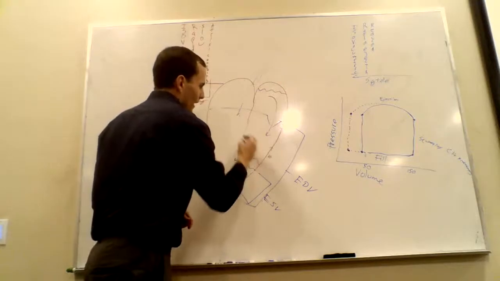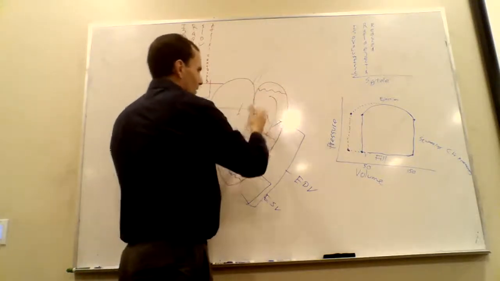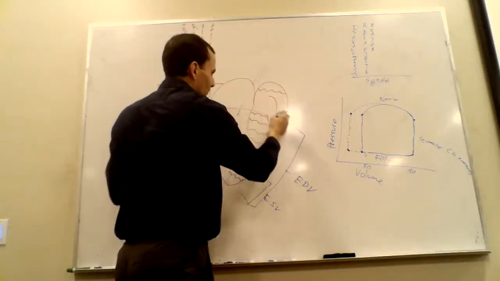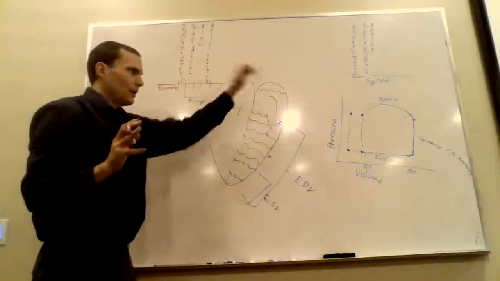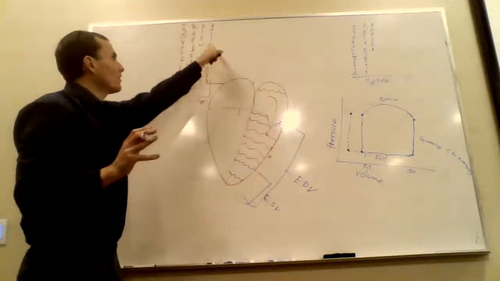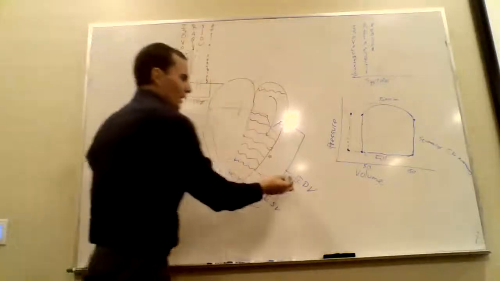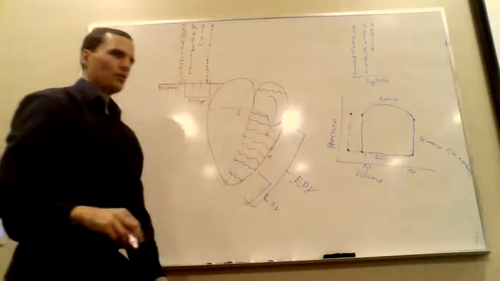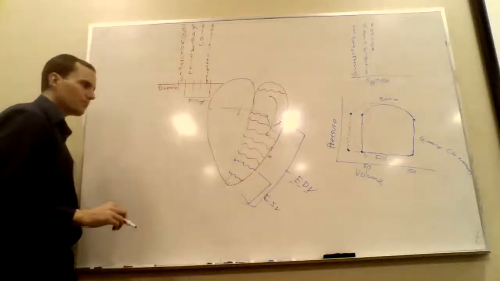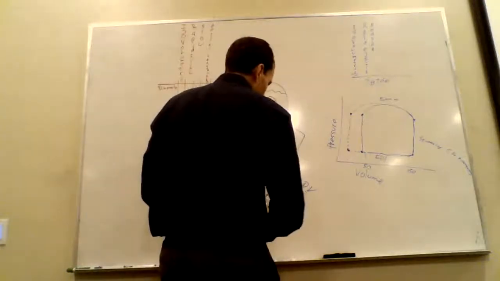And so it fills, and it fills, and it fills, and then we squeeze out the last bits, and then atria have squeezed, that's the last part of diastole. And so in end diastolic volume, after all the blood that's going to come into the ventricle has done so. Yes. Okay.